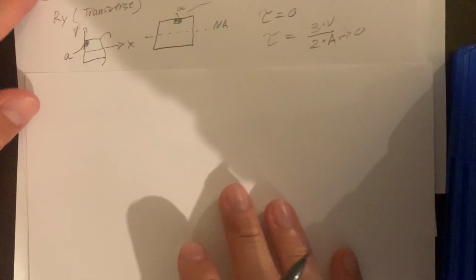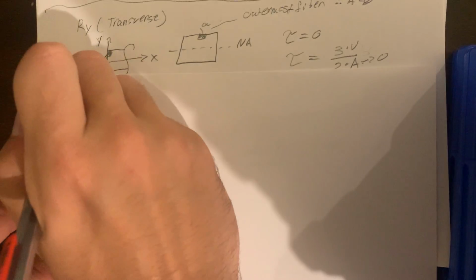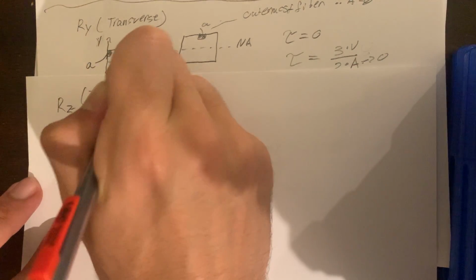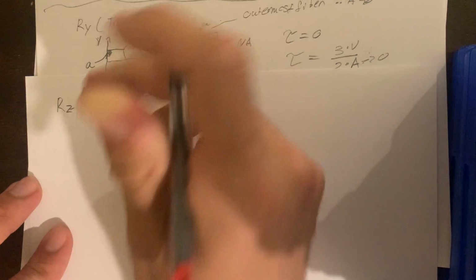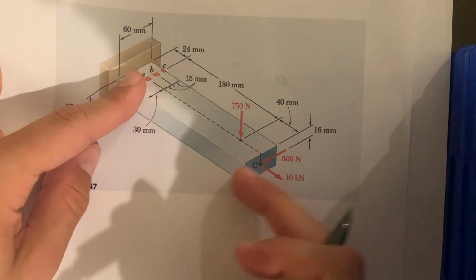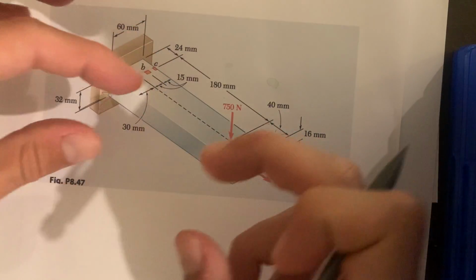And finally, R Z, again we said is transverse. That's because if we hold our finger at point A and it's coming in this way, we'll have bending this way.